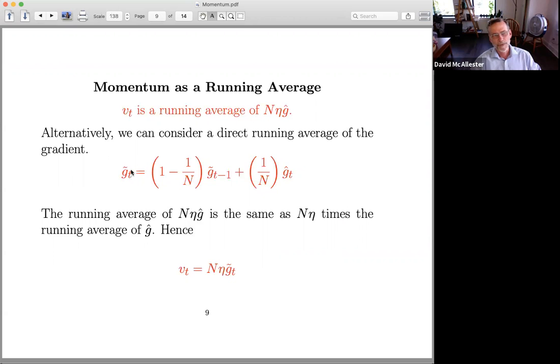Now, the velocity is a running average of this product, but a running average of this product is just going to be this term times a running average of g. Whether I multiply it inside the sums or after I do the sums doesn't matter. So if I define the rolling average this way, then Vt is just equal to this multiplier times the rolling average of the gradient.